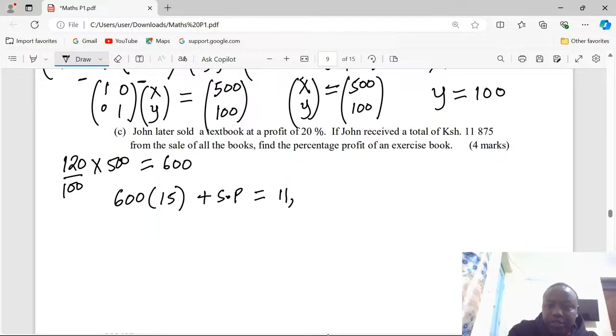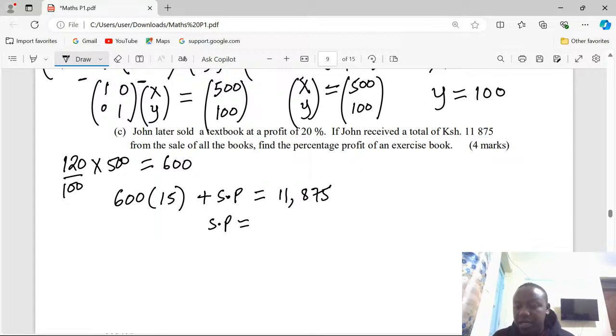We are supposed to get total sales of 11,875. So the selling price of all the exercise books can now be gotten because we just need 11,875 and we subtract 600 multiplied by 15.